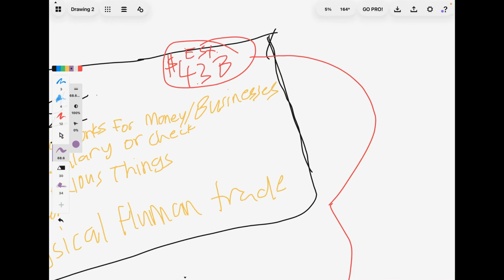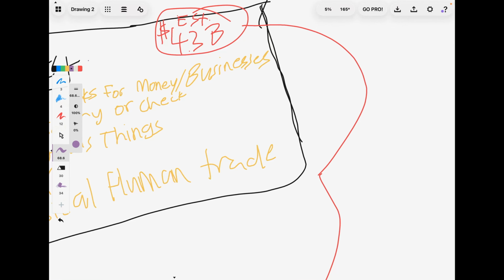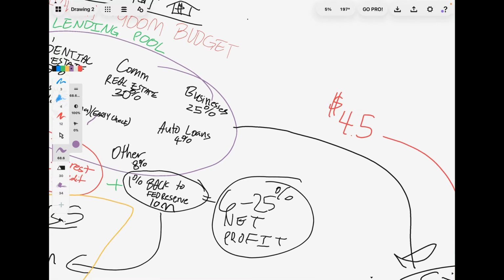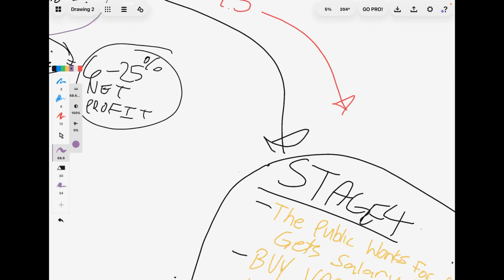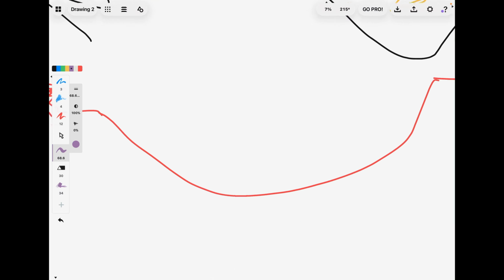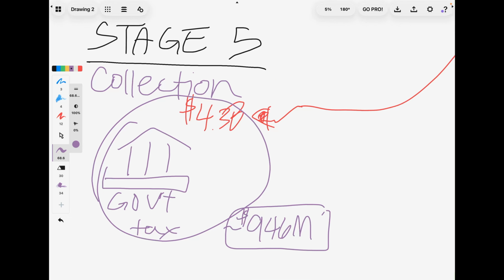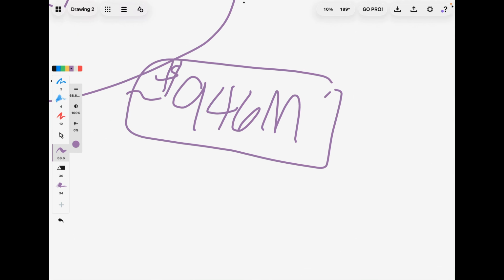And all that 4.3 billion generated, excavated out of nowhere from the loaning and the bond, turns into 4.3 out of nowhere. And then it goes to the government, and then the government takes a percentage tax out of that, and the government makes 946 million from that system alone, and that is from my mock-up.